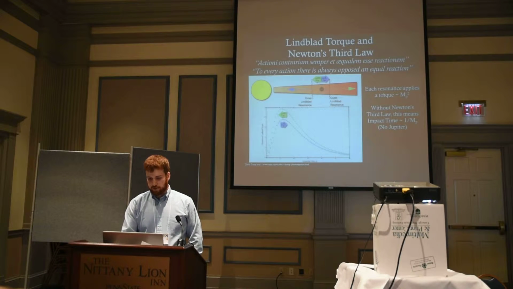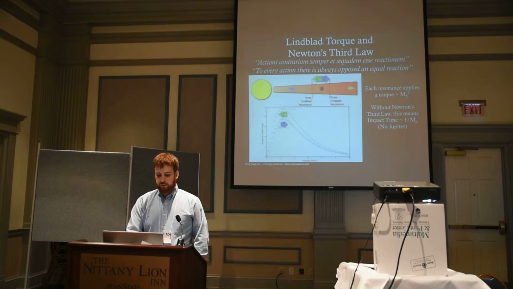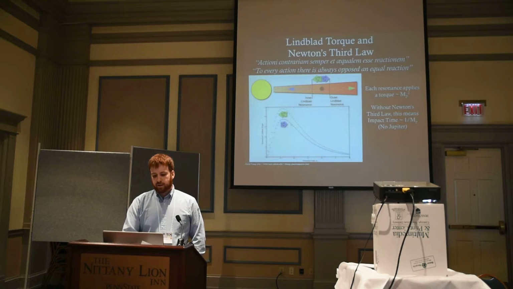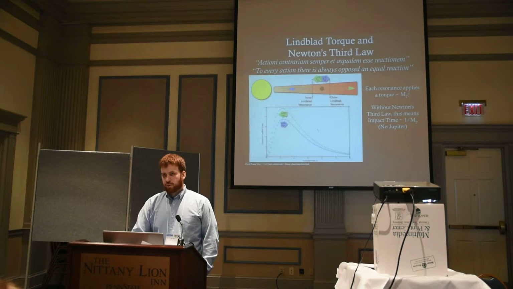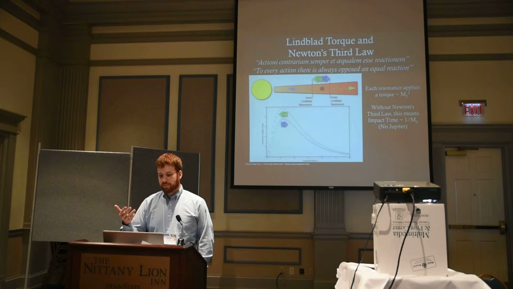I also want to note that the resonance strength increases as you get closer to the planet, but then decreases as the resonances start to overlap with each other. But the torque density still diverges for a point particle, which planets aren't. Just note that it keeps increasing as you go closer to the planet.